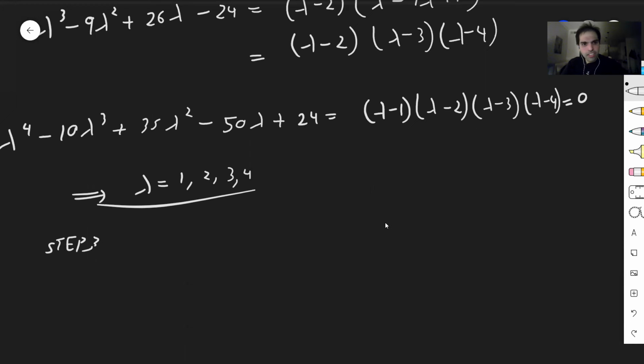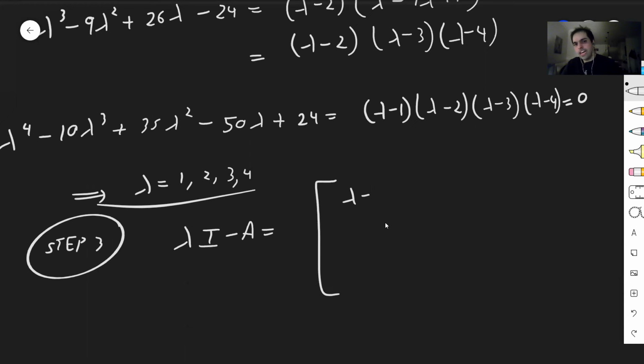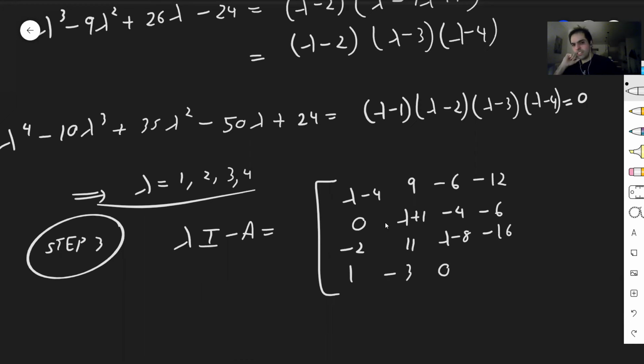So I would like to remind you that lambda I minus A was just the matrix: lambda minus 4, 9, minus 6, minus 12; 0, lambda plus 1, minus 4, minus 6; minus 2, 11, lambda minus 8, minus 16; 1, minus 3, 0, lambda plus 1.